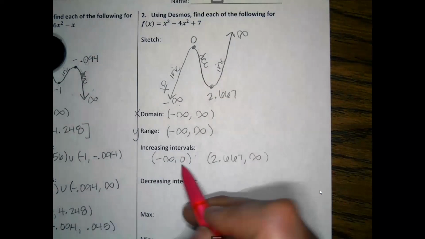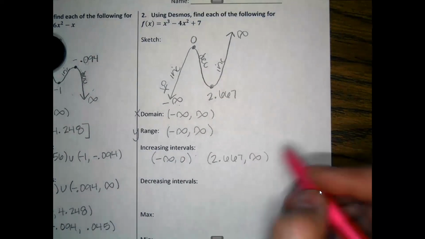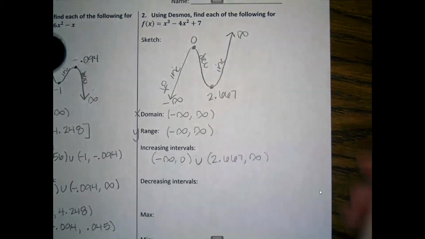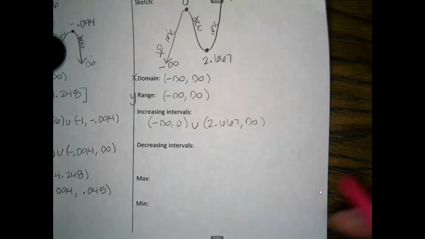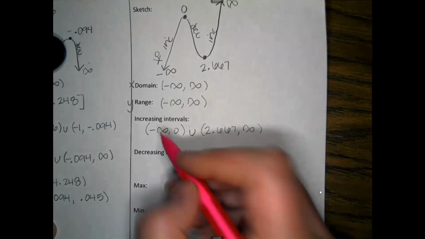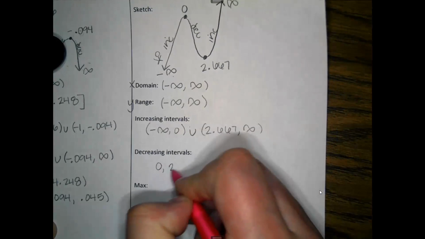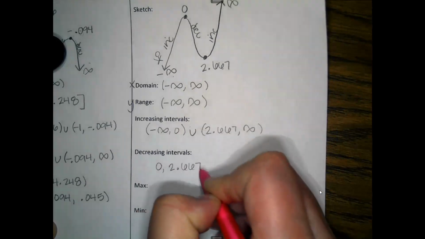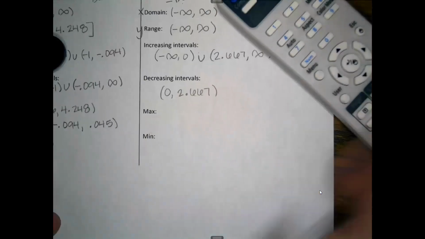And then what do we put in between our two answers? We put a U in between two answers. Okay. For the decreasing interval, we only have one answer. What should we write? We only have one decreasing answer. What is it? 0 and 2.667.